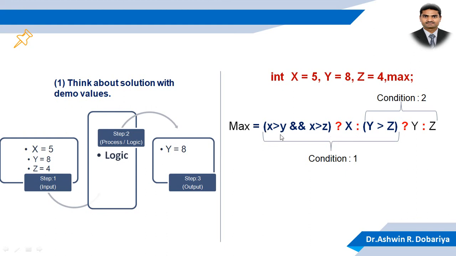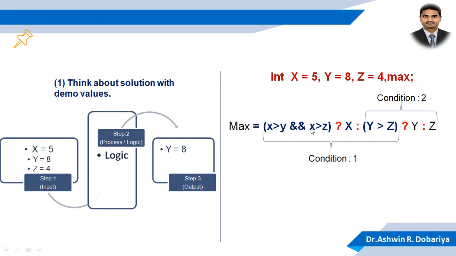If this condition becomes true, it means x is greater than y and x is greater than z. If x is greater than both variables, then we want to return the value of x. So x is the maximum. If this condition becomes true, then it will execute the part after the question mark, so this x will be returned and stored in max.